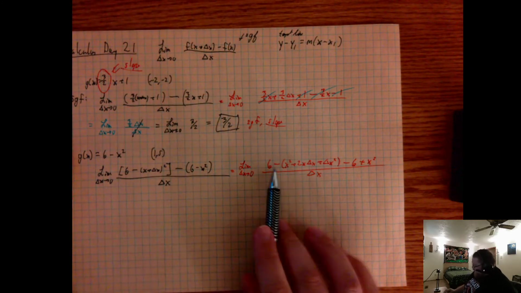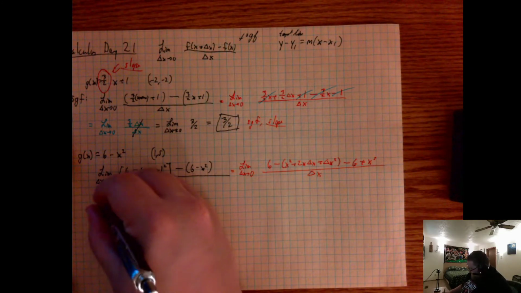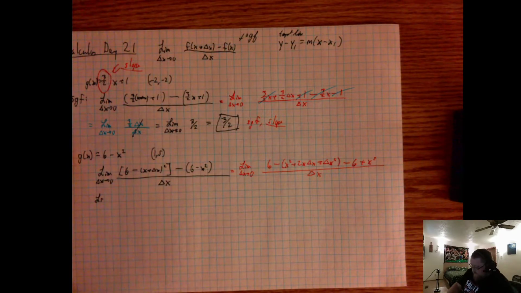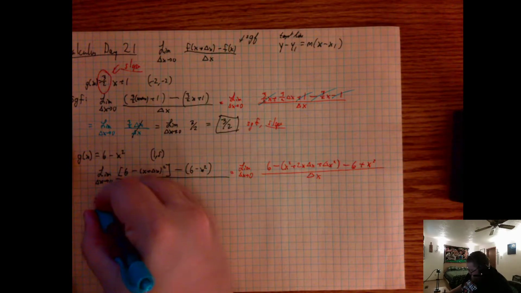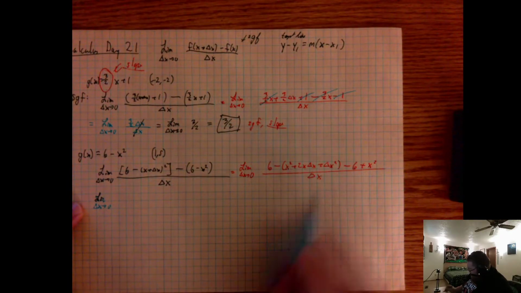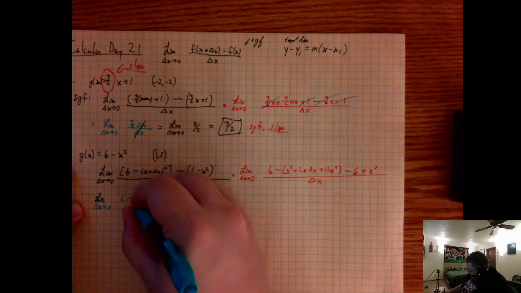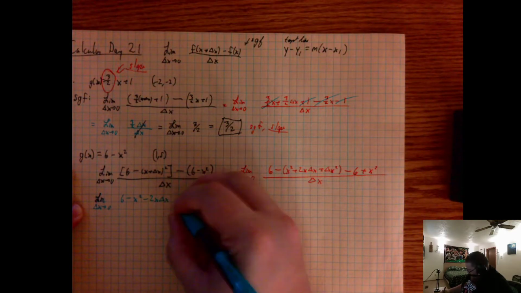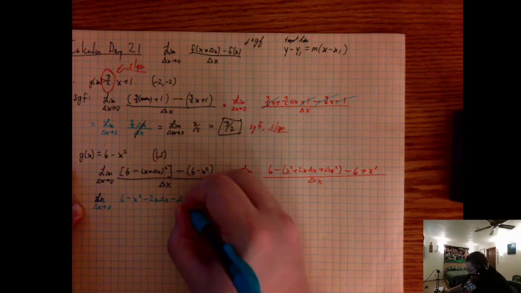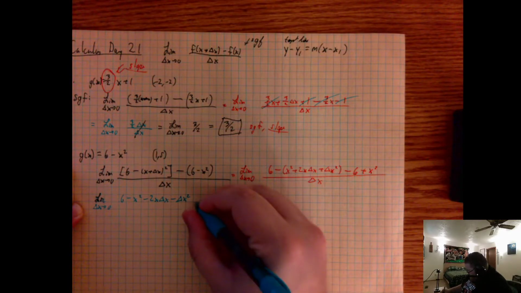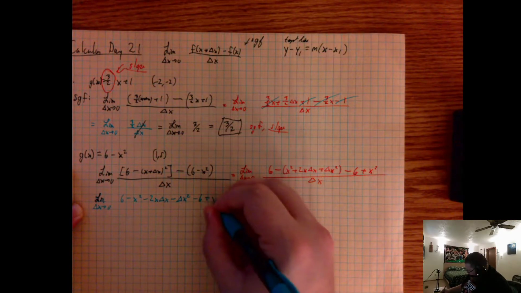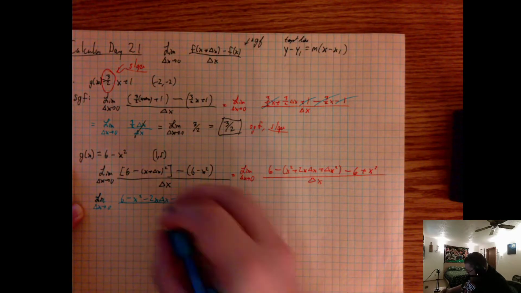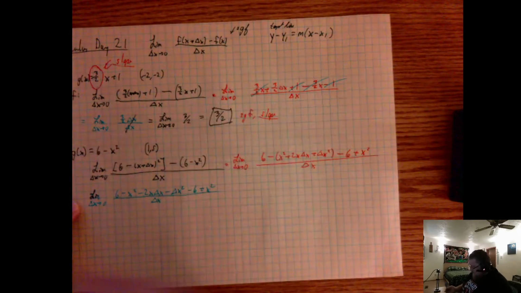Now I can simplify some more by distributing the negative into each piece. So I'd have the limit, be consistent, man. The limit as delta x approaches 0 of 6 minus x squared minus 2x delta x minus delta x squared minus 6 plus x squared all over delta x.